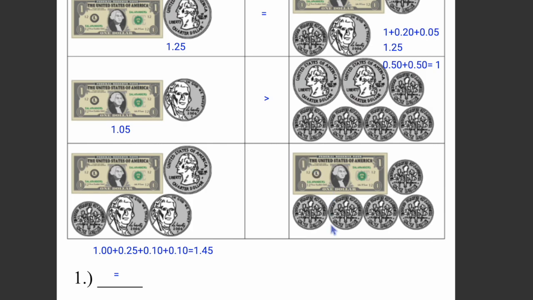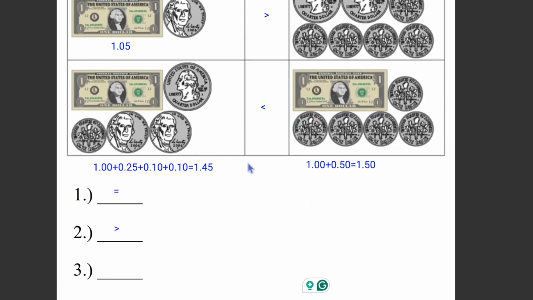On the second side, we have $1 plus 5 dimes. That's equal to 50 cents, as we said earlier. And that's equal to $1.50. So this side is less than this side, so we put a less than symbol, and we're done for this section.